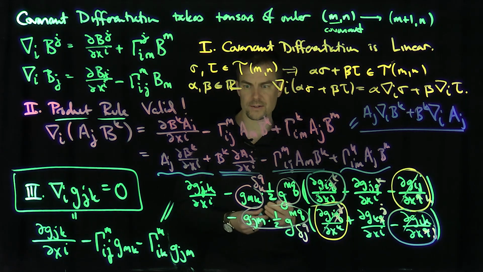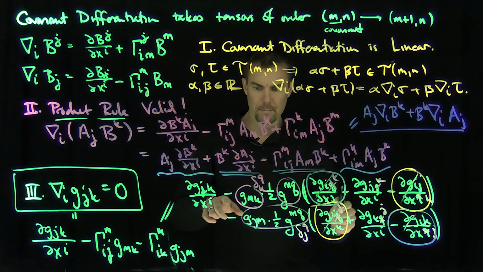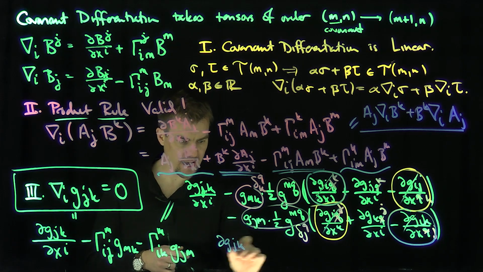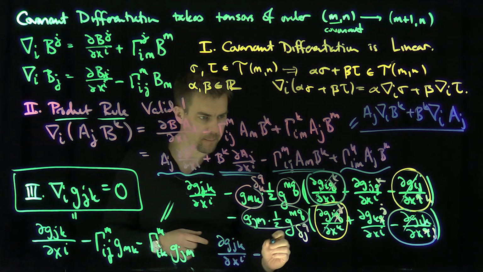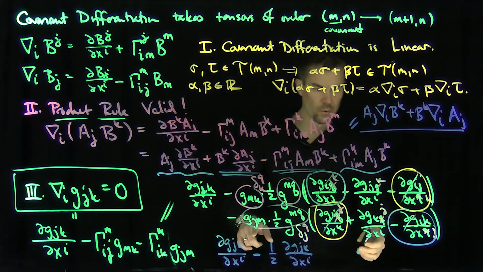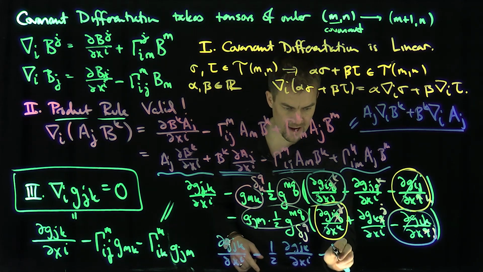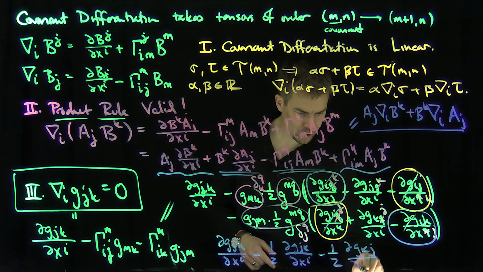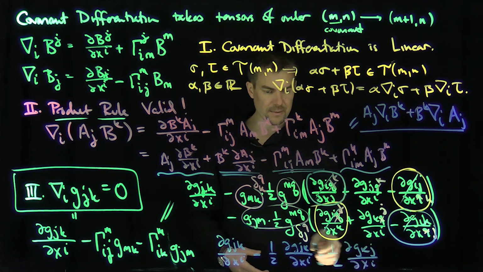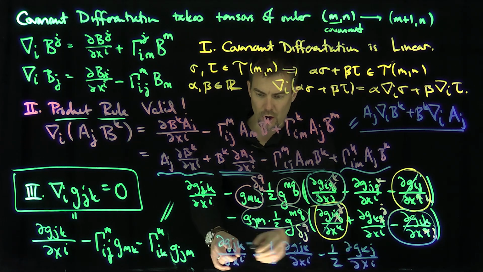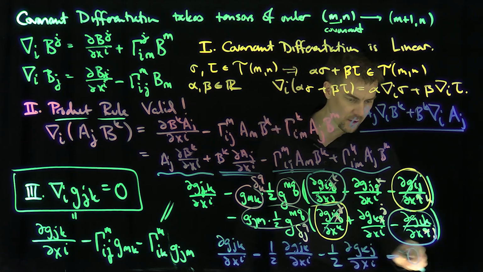And all we're left with is a minus 1/2 of partial g_jk partial x^i on this first term, and then down over here those terms survive: a minus 1/2 of partial g_kj partial x^i. But the metric is symmetric, so g_jk and g_kj are the same, so these terms all are the same, and this gives me a total of 0, right?